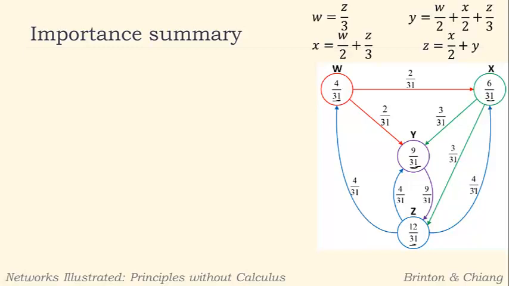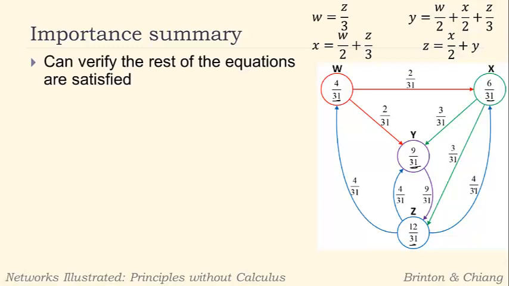So here are the equations again that we had, and you can verify that each of these equations are satisfied, right? Because we were using those other equations that we got, the intermediate values in terms of Z, to solve for these importance scores because it was just easier to plug back into them.